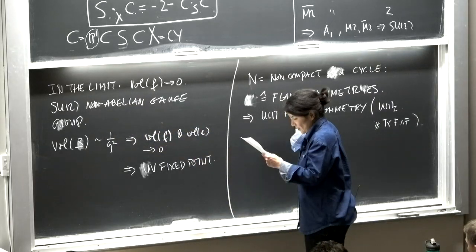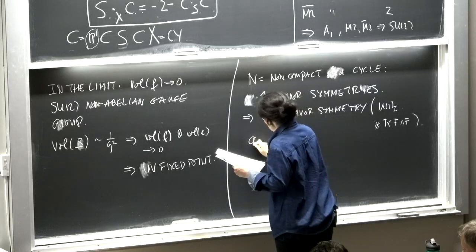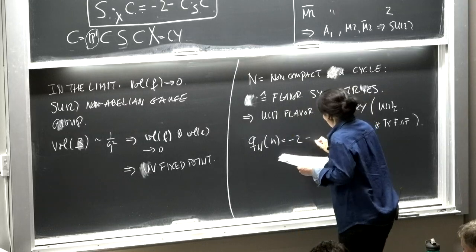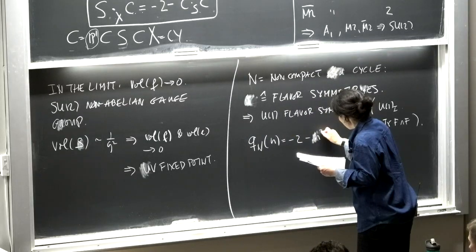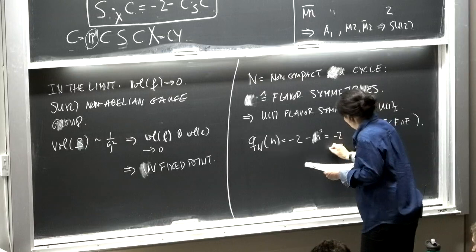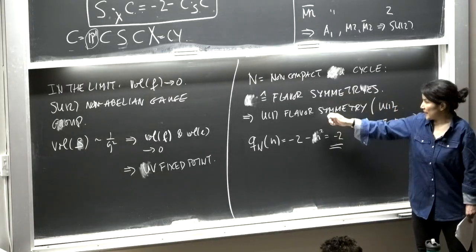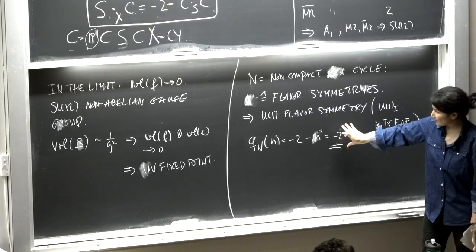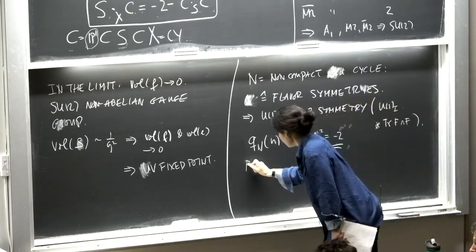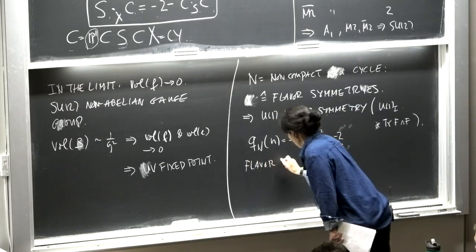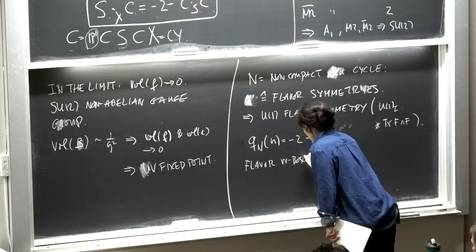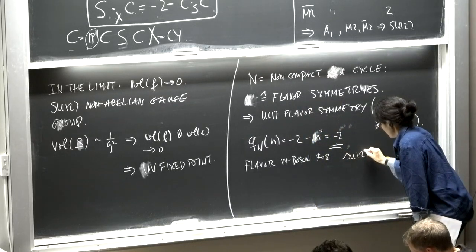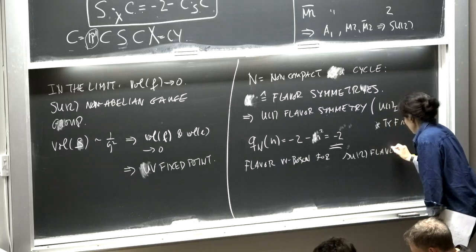The charge under N of this curve little n is -2 minus n squared, and this is actually -2. So from the point of view of this flavor symmetry, this non-compact surface acts like a flavor W boson for an SU2 flavor symmetry.